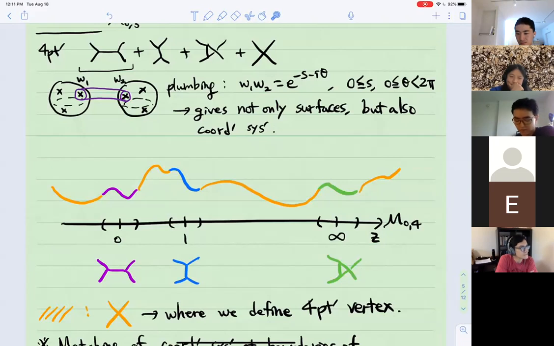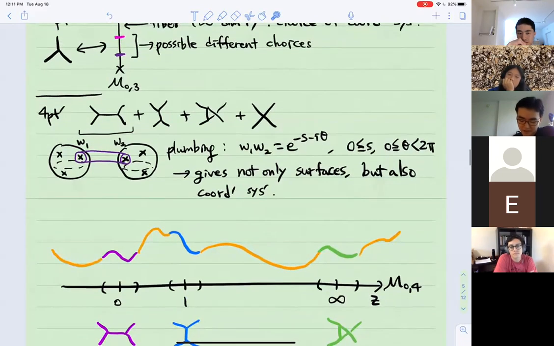But unless you are in a very special situation like Witten's cubic open string theory, it's going to be the case that these Feynman diagrams alone will not cover the moduli space exactly once. So you have to fill in the gap, the leftover. And there's only one Feynman diagram that you can associate with it, which is the 4-point vertex.